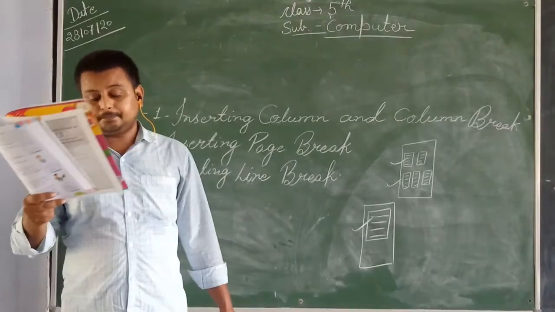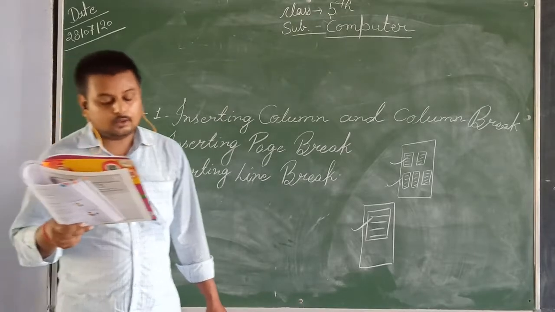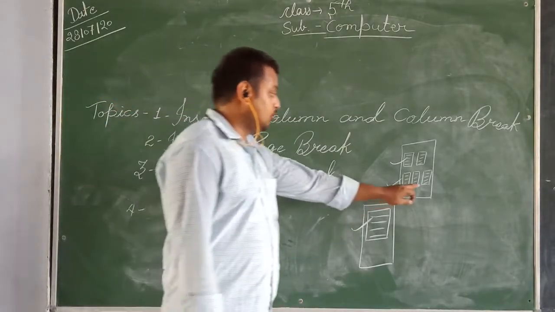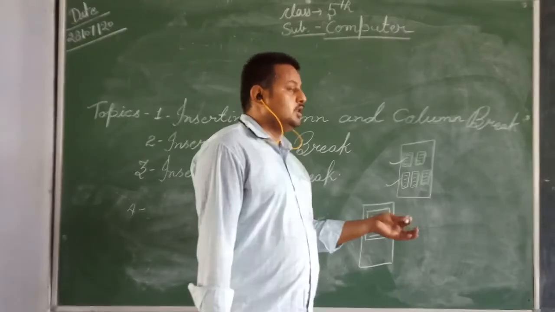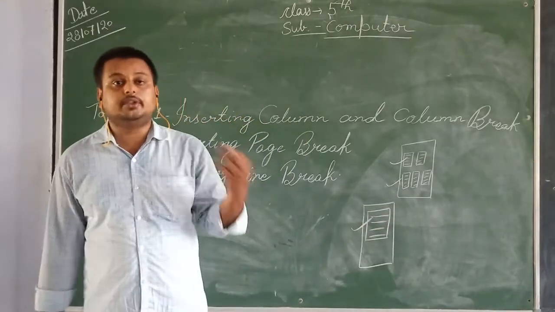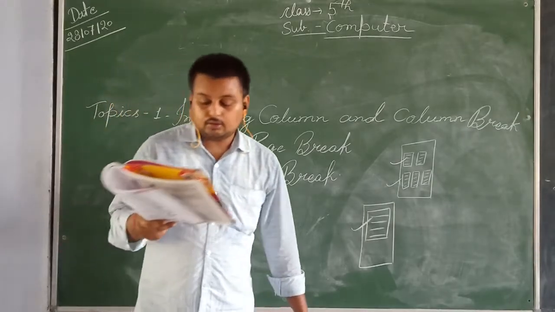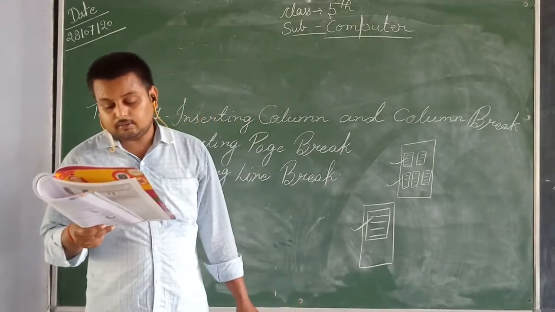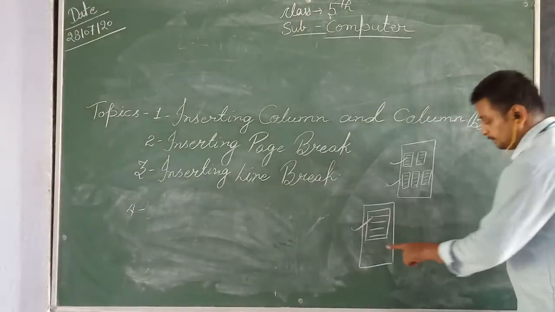One solution to this problem is to add a column break. If your document has a saggy part, then you choose column break so that it can give you a very professional look. It will force the end of the column and move the text to the beginning of the new column.